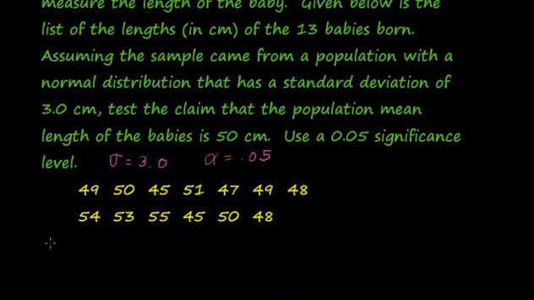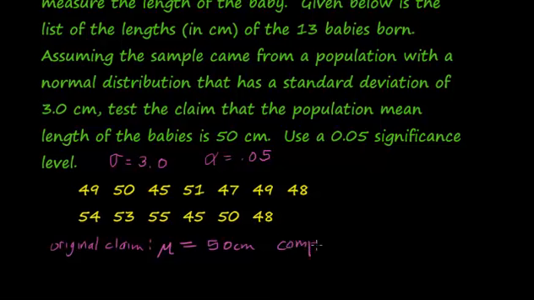Okay, original claim: the mean is 50 centimeters. The competing claim: we have to cover all other possibilities. Mean is 50, so we would want everything less than 50, everything greater than 50, and the way we say that is it's not 50.